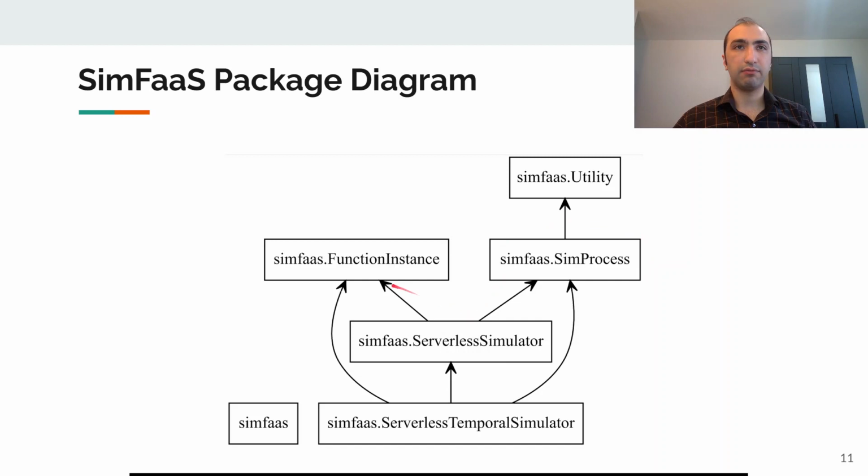Then we have the function instance, which simulates the behavior of a single function instance. And then the serverless simulator uses those function instances to simulate a platform for a single user. And then we also have the temporal simulator, which allows us to simulate the behavior of the system throughout time.